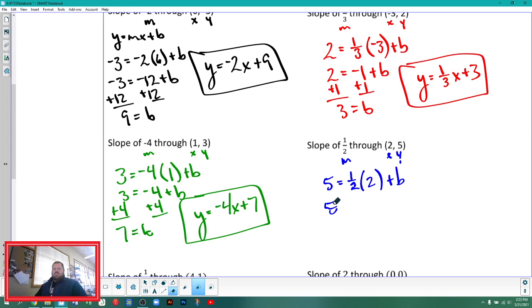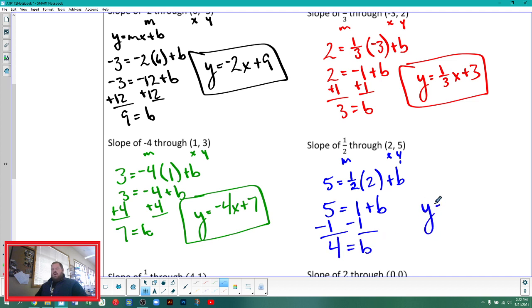So 5 is equal to 1/2 times 2 plus b. I'll subtract 1 from both sides to get b is equal to 4. So y is equal to 1/2 x plus 4.